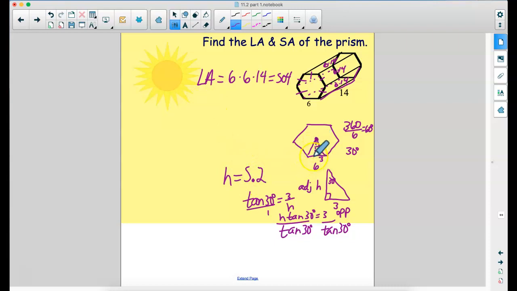So the height of this triangle is 5.2, and the base is 6. We're using the whole base. So area of that triangle is 1/2 times 5.2 times 6. And we have 1, 2, 3, 4, 5, 6 of those. So we're going to multiply that answer times 6.